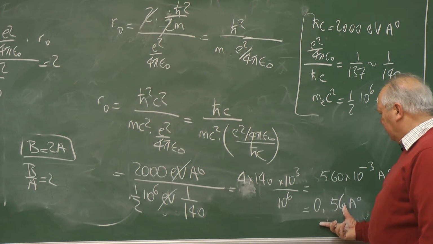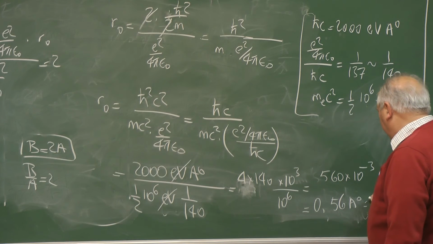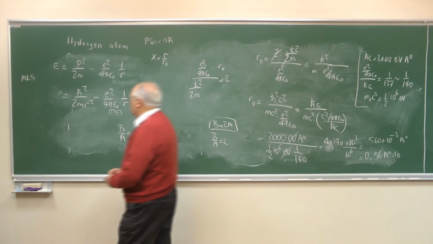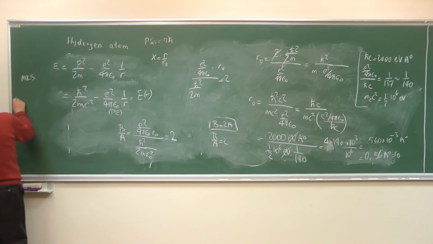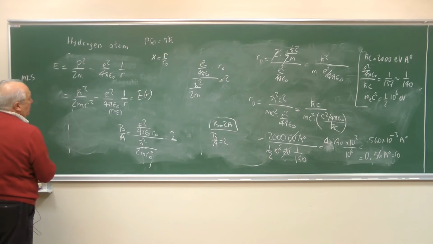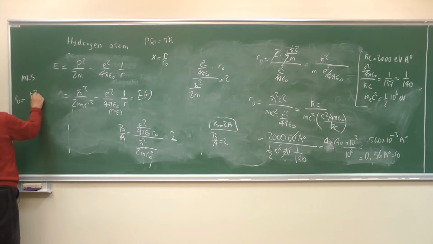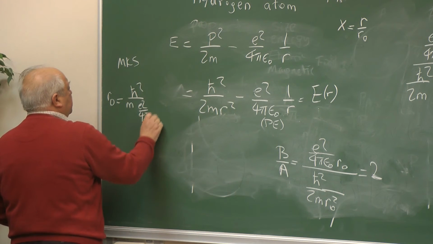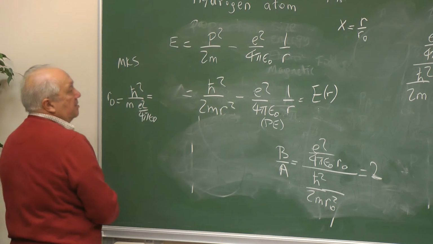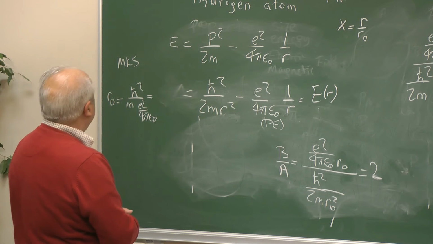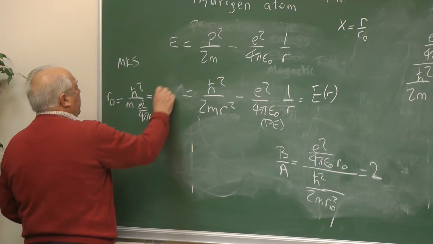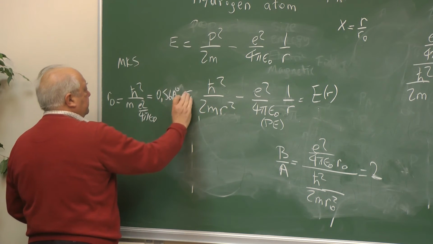So in the ground state, hydrogen has this radius R0. Let's write this here. R0, which is h bar square over m e square over 4 pi epsilon 0, right, is 0.56 angstroms.